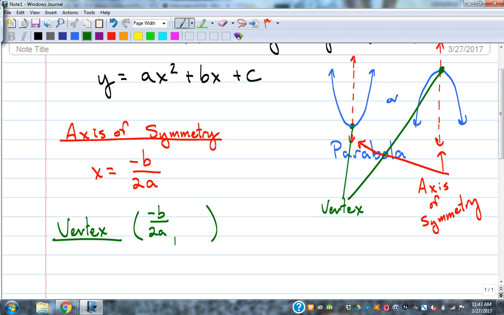And we'll get a number for that when we get a problem. We're going to do an example in just a second. Okay. So the x value is the same as the axis of symmetry. So once you find the axis of symmetry, you're halfway done with the vertex. If we've got an x value for a problem, how can we find the y value that goes with it?